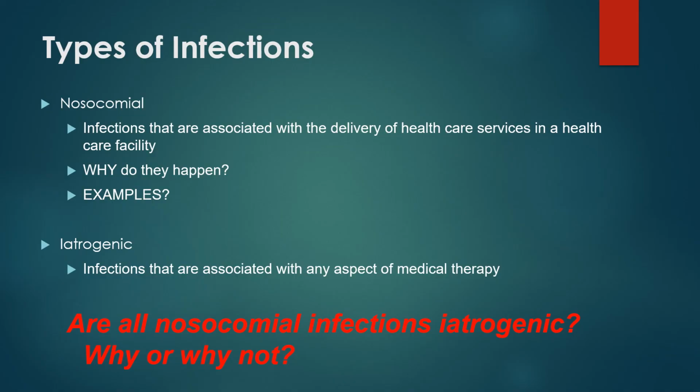You cannot necessarily control overcrowding, right? If you have a number of clients coming in and they all require admission and cohorting on that unit, that may not be within your control. So the answer is no. All nosocomial infections are not iatrogenic.